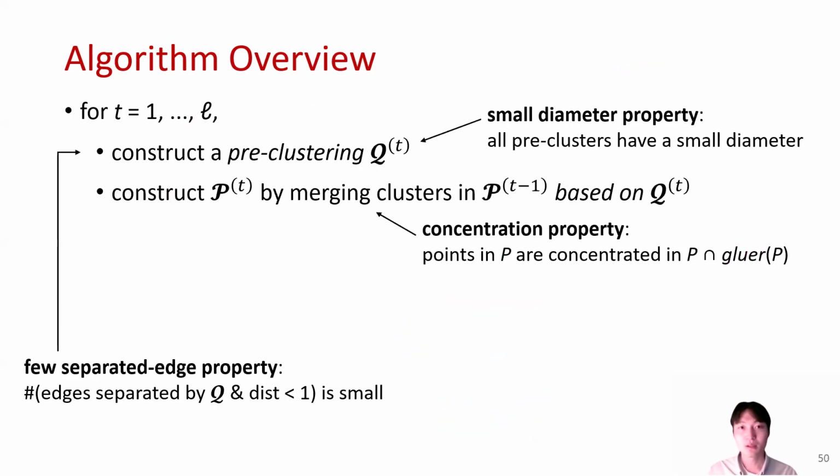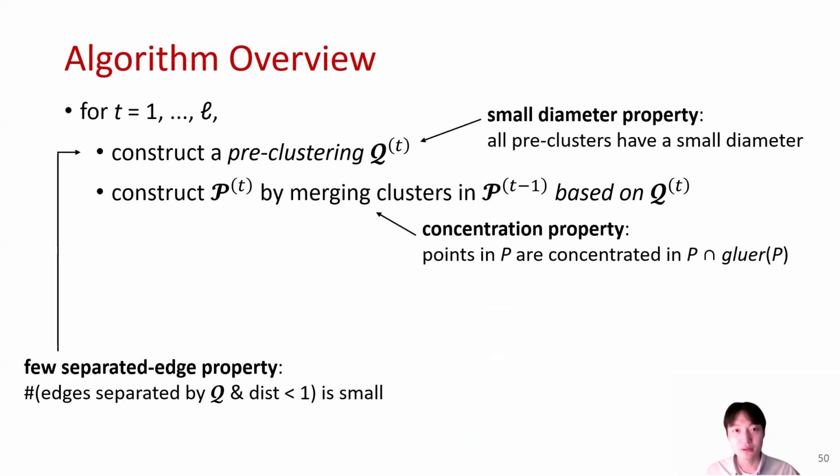To sum up, we have three properties: small diameter property of preclusters, few separated edge property of preclustering, and concentration property of clusters. Now let me give you a brief overview of our analysis.